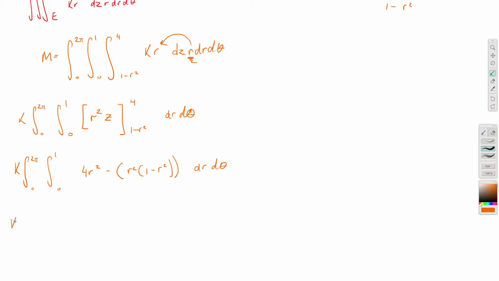This gives us k, integral 0 to 2 pi, 0 to 1, of 4r squared minus r squared plus r to the 4, dr d theta.